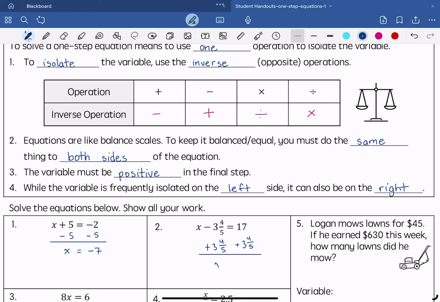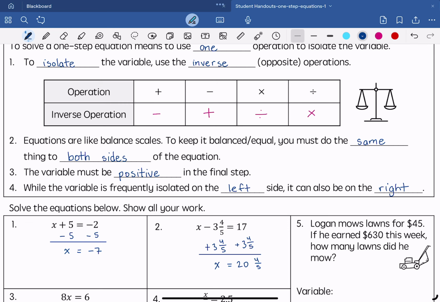So x is equal to, because a negative here plus the same thing, we've eliminated it, is equal to 17 plus 3 4/5, which is equal to 20 4/5.